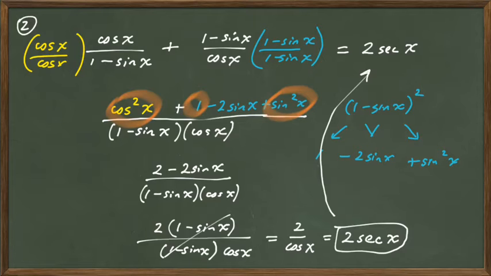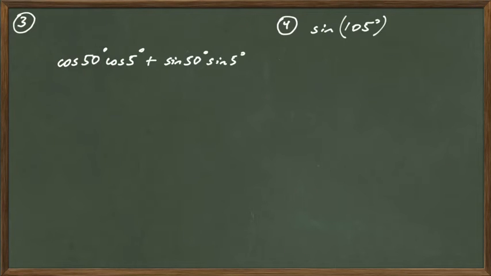After 2, we have 3. We have to find an identity that matches this. Cosine A, cosine B. Opposite, sine A, sine B. And this thing should equal cosine of A minus B. Why is it 50 minus 5 and not 50 plus 5?